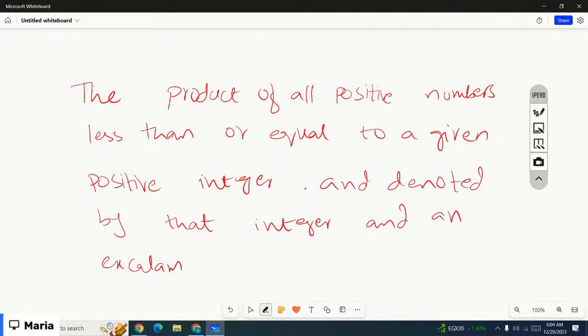Basically, that is the definition of the factorial: the product of all positive numbers less than and equal to, not or, a given positive integer and denoted by that integer and an exclamation mark, right?